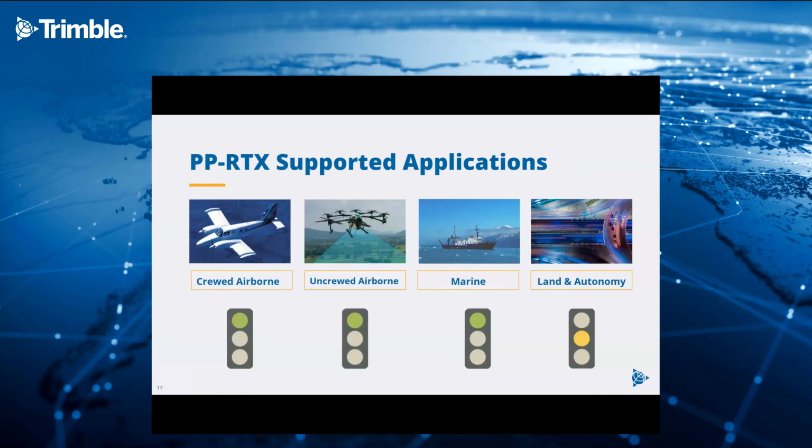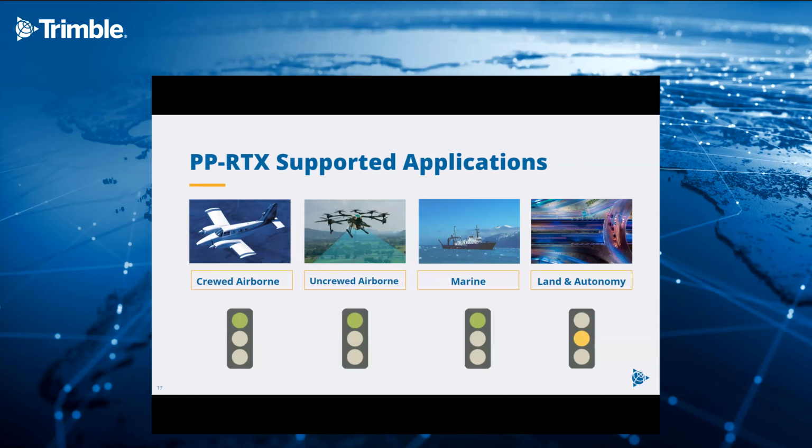Let's speak about the applications. They're all listed here with a little traffic light. So the first one is the crewed airborne application with typically 1 to 3 hours of data. It's ideal for PP-RTX. There's a high flexibility in regions with no or sparse GNSS-based network, which is traditionally used for single base or smart base processing.